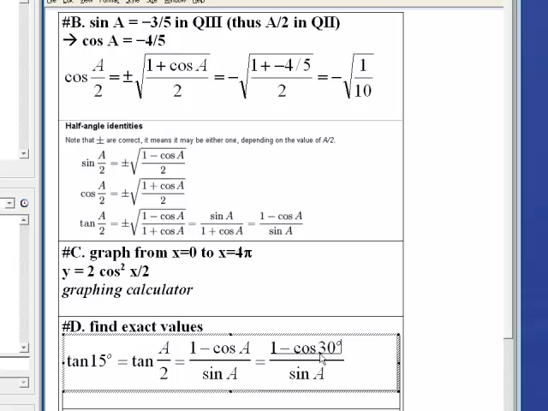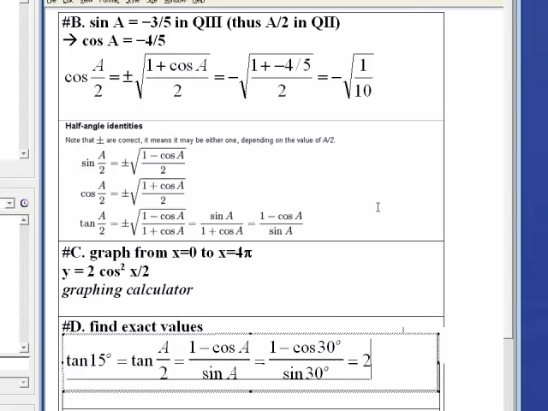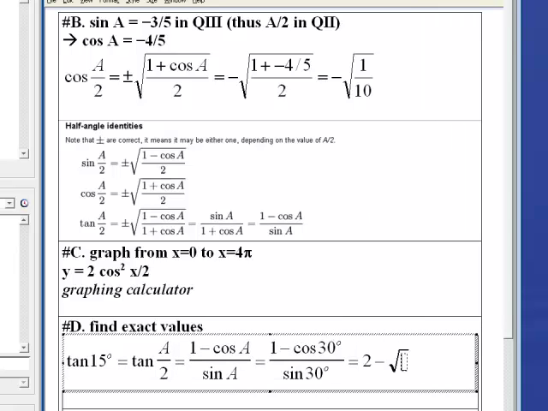And there we go. So we have 1 minus the square root of 3 over 2, divided by 1/2, take the reciprocal of 1/2, multiply everything with 2. So we come up with 2 minus the square root of 3. There we go.